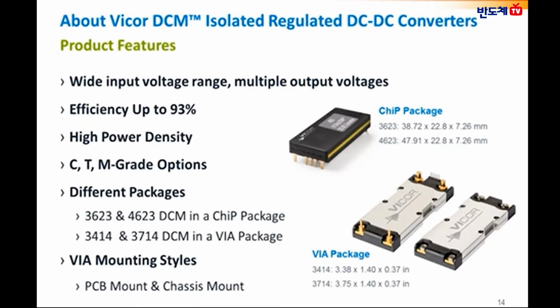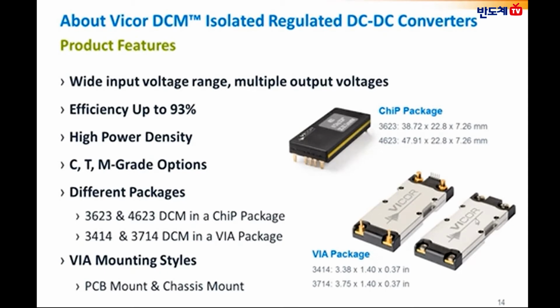And DCMs use a high switching frequency zero voltage switching topology. Due to the high switching as well as zero voltage switching topology, the losses in the converter are low. Therefore, the efficiencies are up to 93%, and DCMs are high power density devices, which are available in 3 different temperature grades, such as industrial grade, commercial grade, and military grade temperatures.